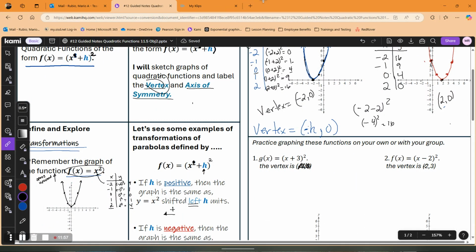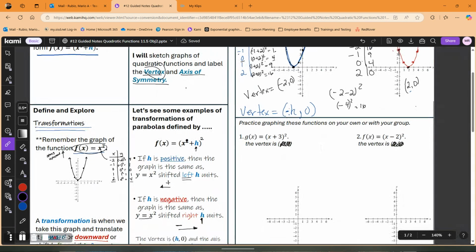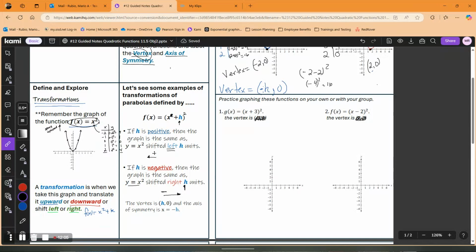If you got lucky, you figured it out. You need to answer those on your own. Graph these two, x plus 3 and x minus 2, and then identify the vertex on your note sheet. Remember, your vertex is h. If the vertex equals negative h comma 0, it's always going to be 0. Our h is 3, but we have to take the opposite, so the opposite of 3 is negative 3.